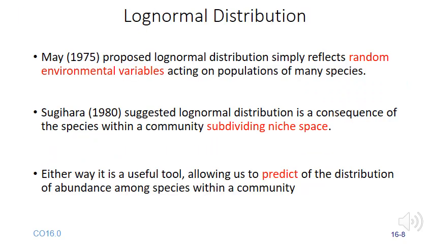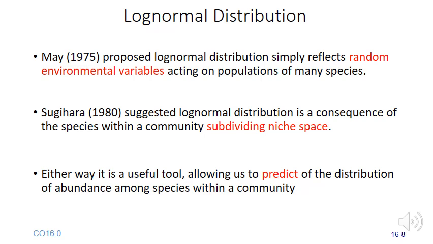So this commonly observed distribution of abundances of species within communities is known as the log normal distribution, because it has this bell-shaped or normal-shaped curve. And there have been lots of different theories as to what drives this distribution in so many communities. Is it random environmental variables, as May suggested in 1975?